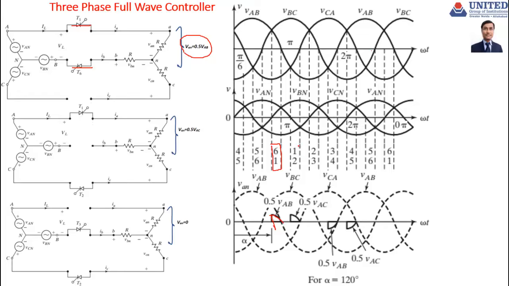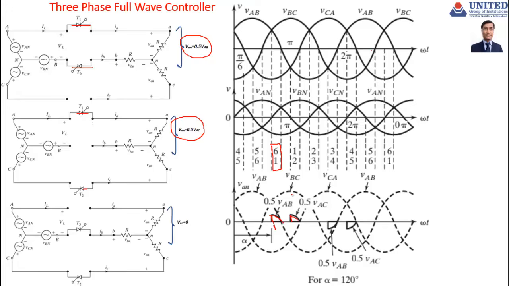When 1 and 2 are conducting, we again get VAN voltage equal to half of the AC voltage. So we will draw half of the AC voltage during this interval, and a similar waveform will be drawn in the other intervals.